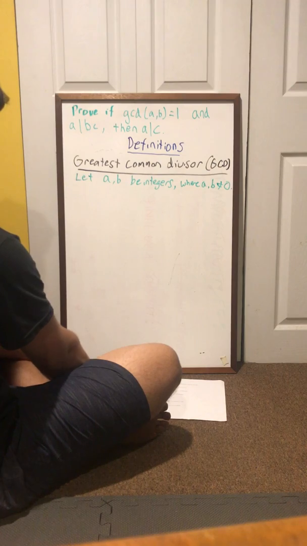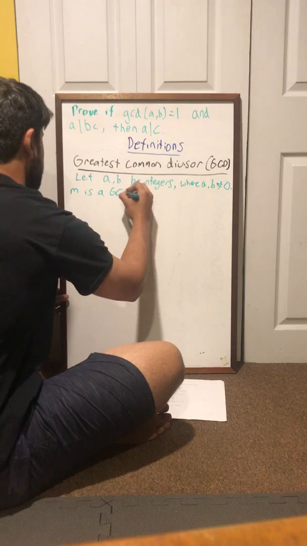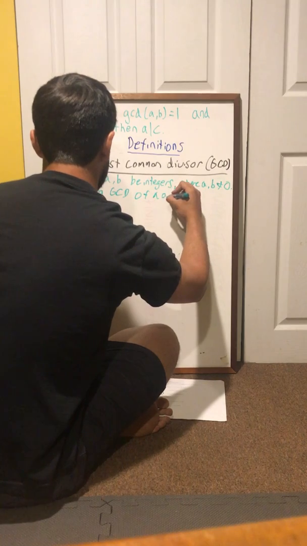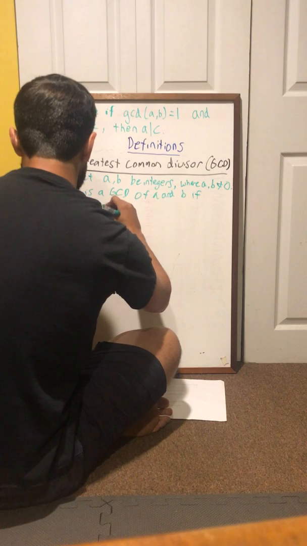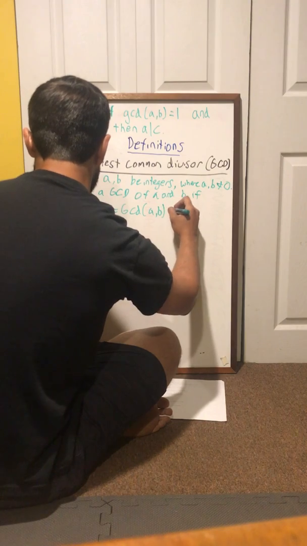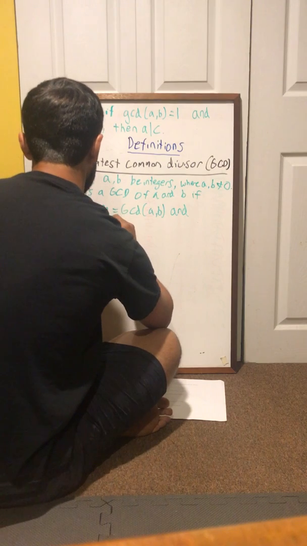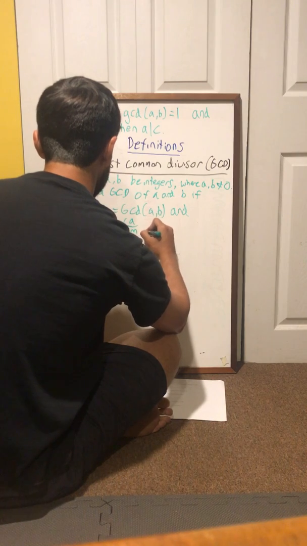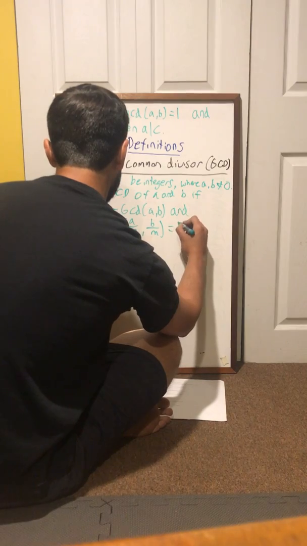So M is a GCD of A and B if M equals GCD AB and GCD of A divided by M, B divided by M equals 1.